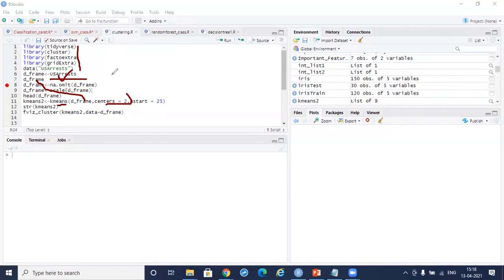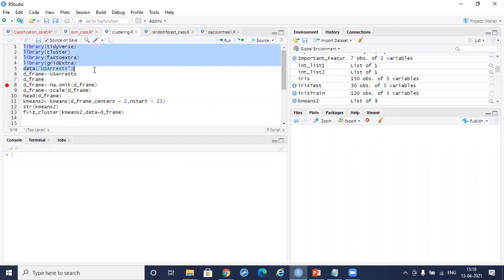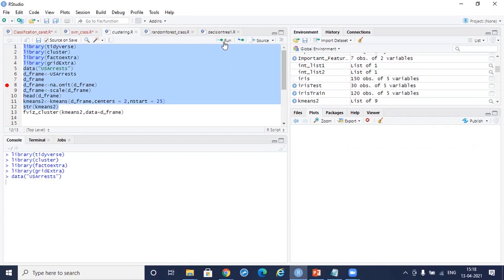So first of all, I have to load this library, and then I have to call this. So I'm just running it now. It is loading all these libraries and running it.